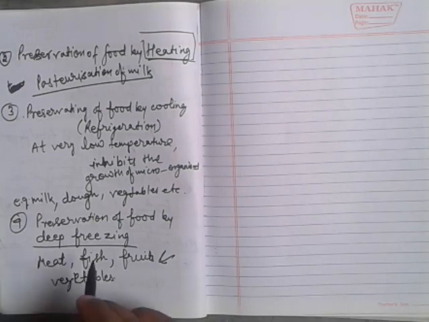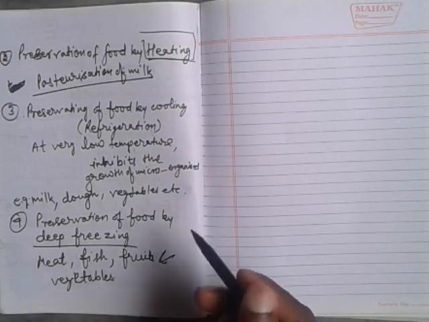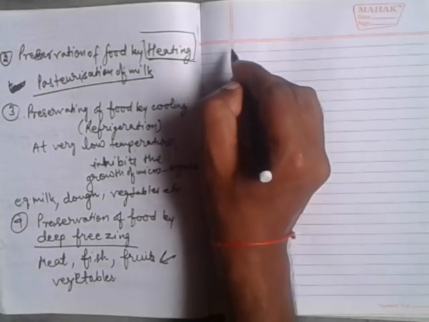At deep freezing, the growth of food-spoiling microorganisms is prevented completely. So we can also preserve the food by deep freezing.